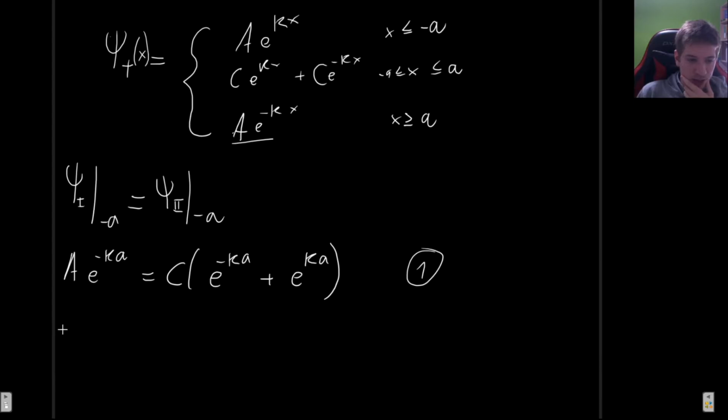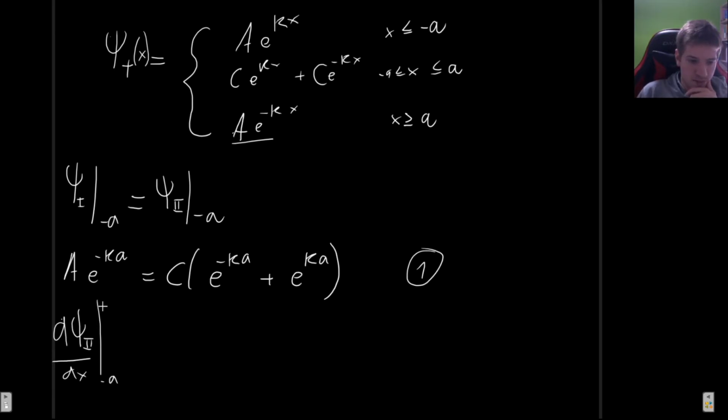Okay, so what is this condition? That means that dψ2/dx evaluated at the second region, this is going to be evaluated at -a. It's actually epsilon minus a, but when epsilon goes to 0, it's going to be the same.